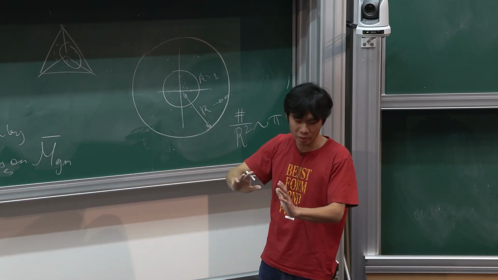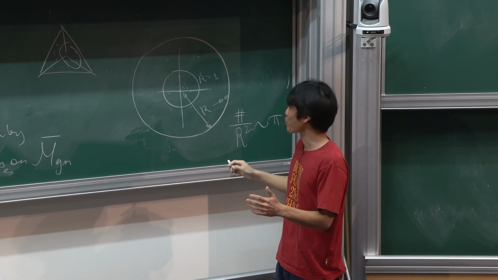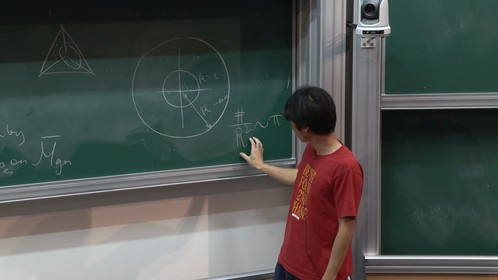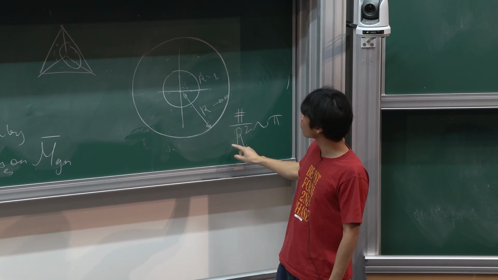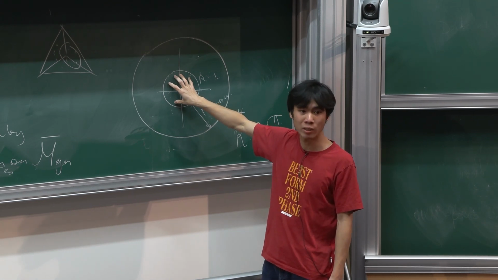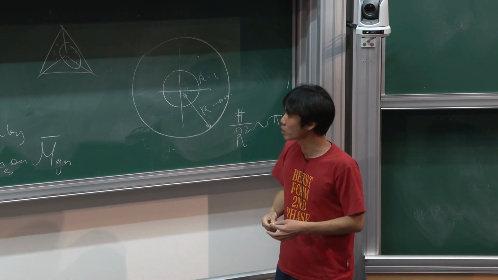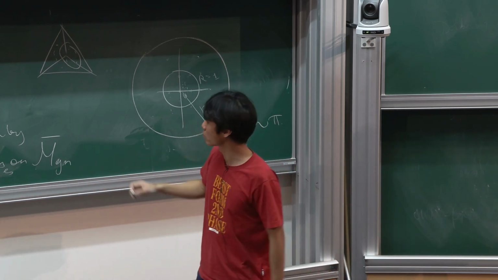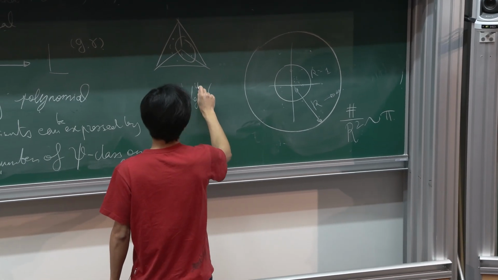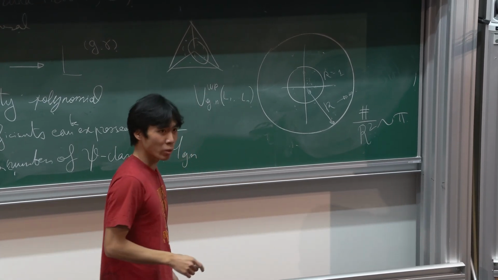So you rescale everything. If you take the good rescaling, then what you want to compute is the area of this disk, which is actually the volume of part of your moduli space. And by the work of Mirzakhani, you know that the Weil-Petersson volume of your moduli space with certain boundary components is a polynomial.